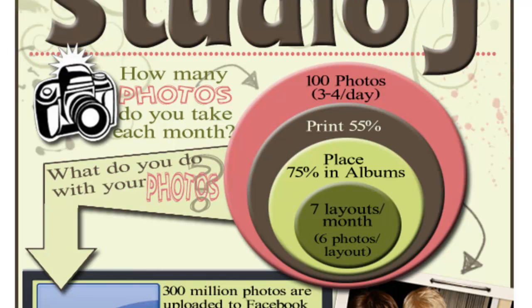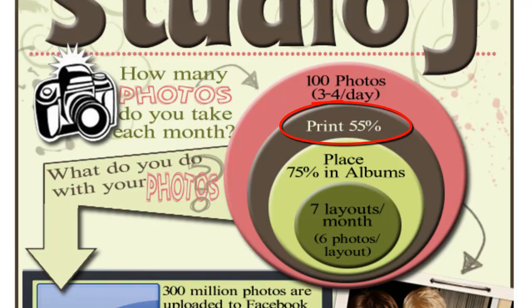So according to the Photo Marketing Association, most people print 55% of their photos. And I have to admit, I am not great at printing my photos, but I will tell you this, I back them up like crazy because I've had a couple times where my computer has crashed and I've feared that I was going to lose all of my photos.